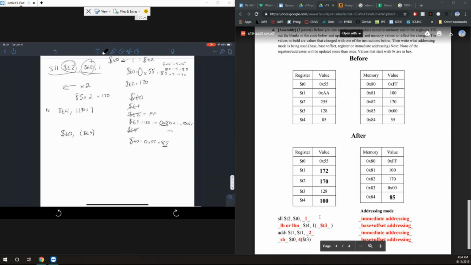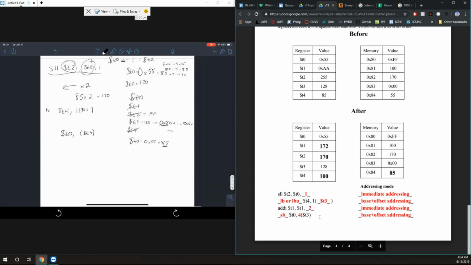Actually, it'd be 132, and then that is equal to 0x84. Does that make sense? Okay, cool. So if we're good with that, then I think we're solid here. Everyone good here? You just really have to play around with the numbers.